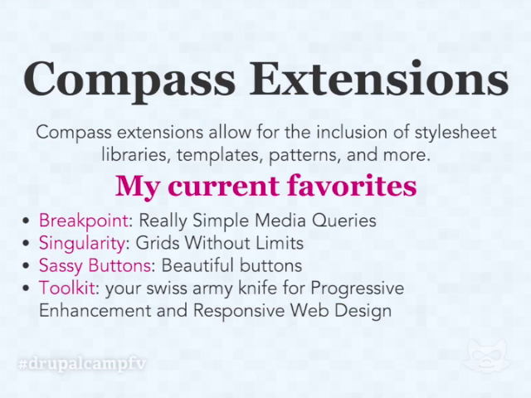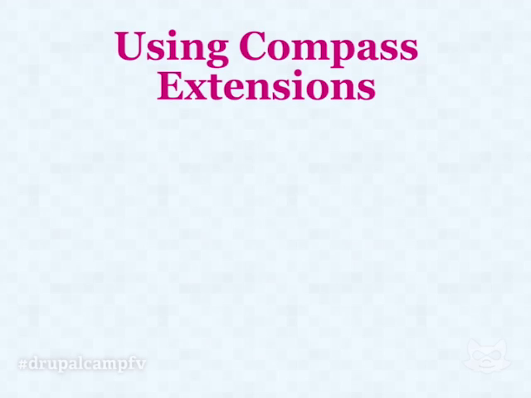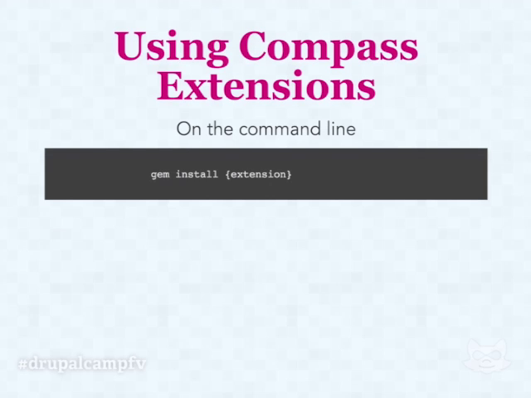Sassy Buttons is a cool Compass extension that gives you a lot of just good baseline button styles, so you don't have to rewrite them every time. And then Toolkit is a project that kind of bundles up a lot of progressive enhancement and responsive web items all up in one project. The basics of using Compass extensions is, again, pretty easy.